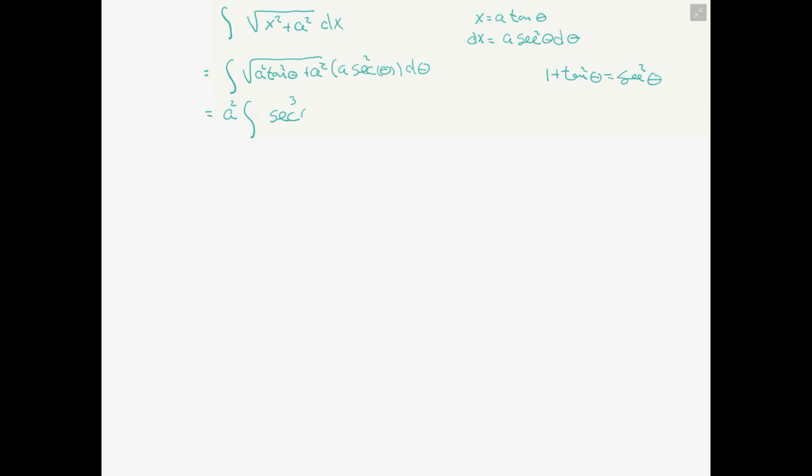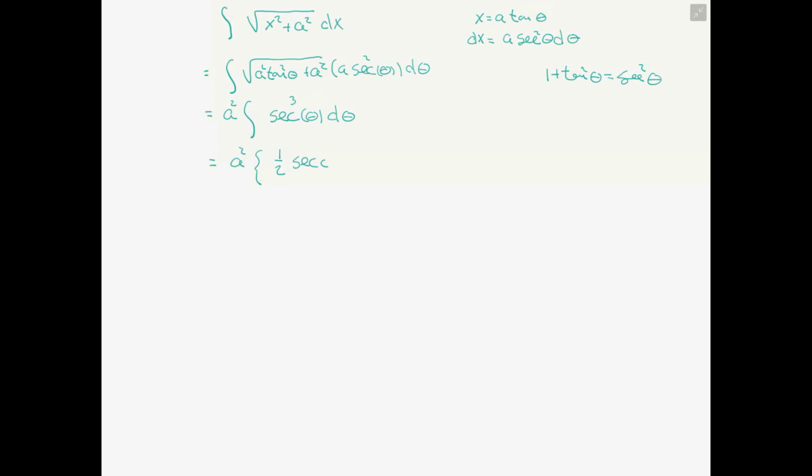And so we have secant to the third theta d theta, and that's one that we've already solved. And in the end, we use integration by parts.